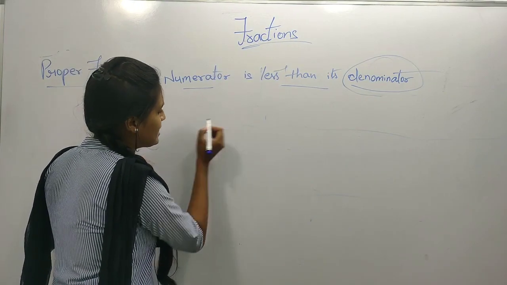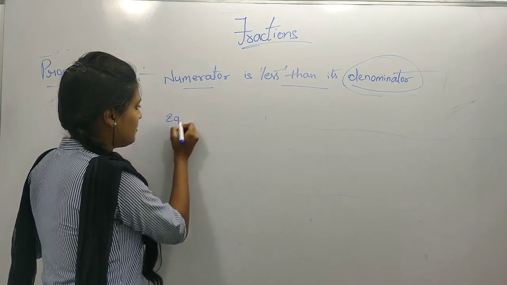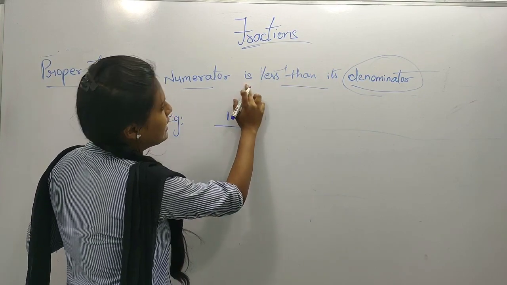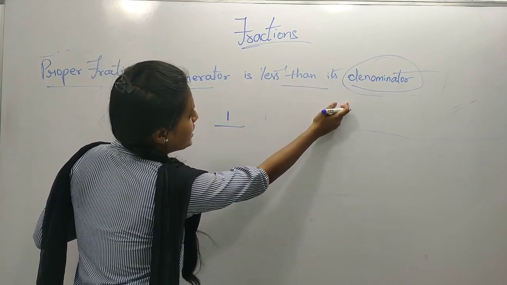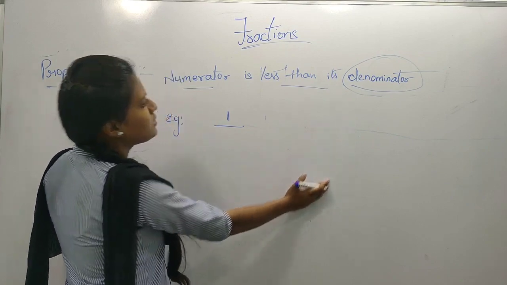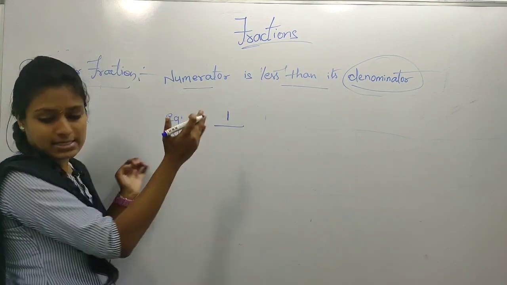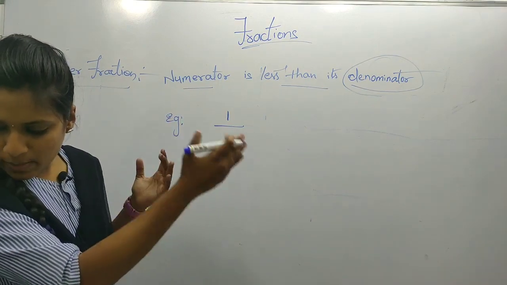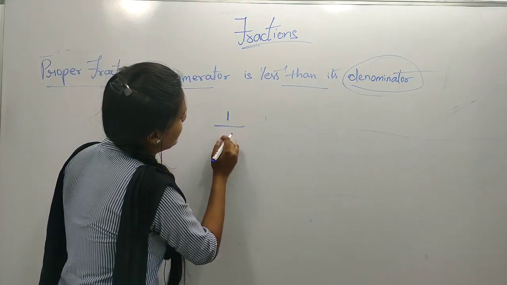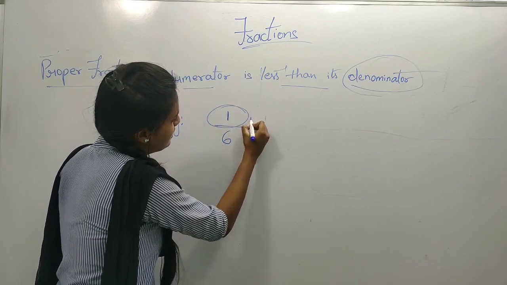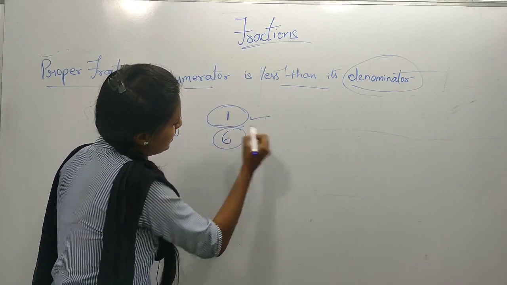Let's take an example. Take 1 as the numerator, and it is less than its denominator, so take the denominator as 6. See, the numerator is less than its denominator.